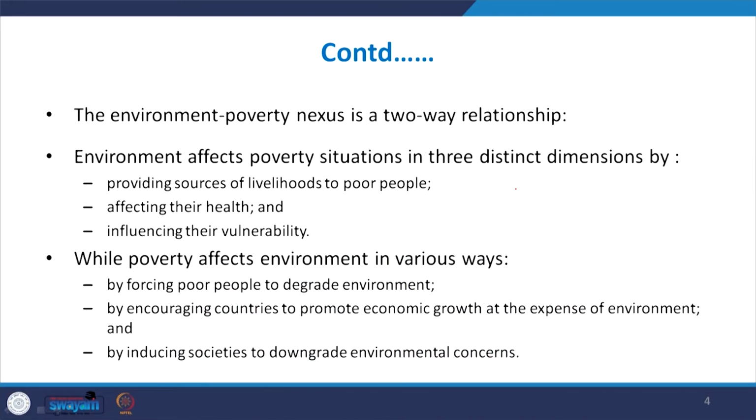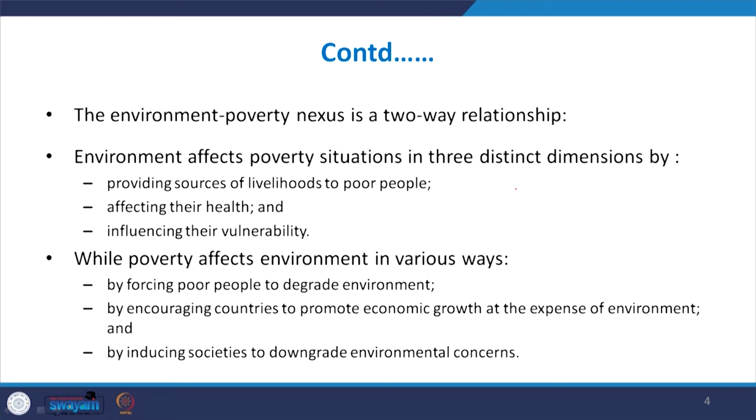So, there is a two-way relationship between poverty and environment, and if there is a high intensity of poverty in a particular region, that will affect the environment by forcing the poor people to extract more environmental resources, to degrade the environmental resources, to overgraze the grasslands, to cut more fuel woods etc. So, environment is affected due to the high intensity of poverty.